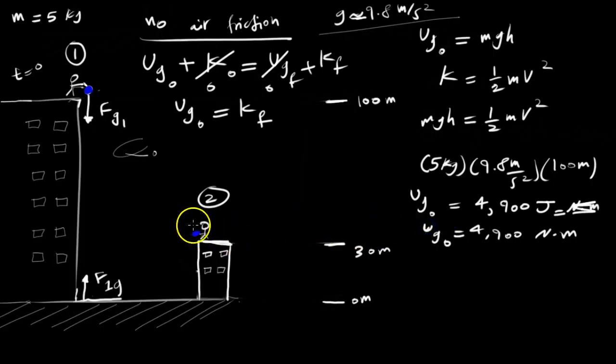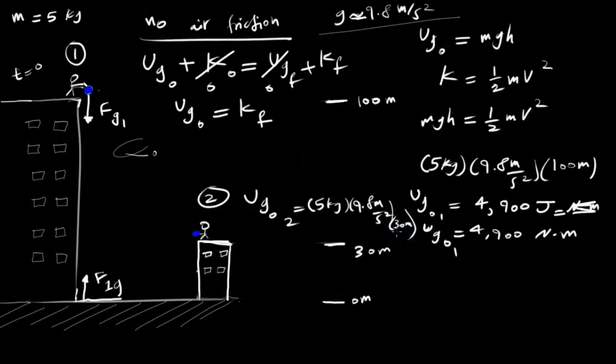And if you do the same for this guy, that would be U_G naught. Let's label this like that, the first one, and the second one, which is this guy. That would be, again, 5 kilograms times 9.8 meters per second squared times 30 meters.